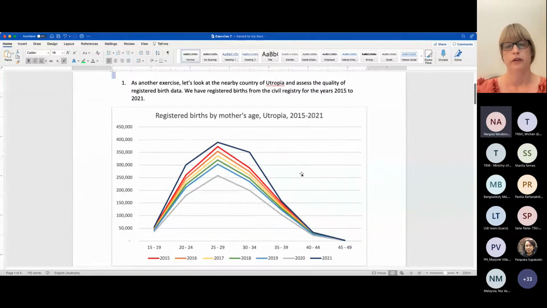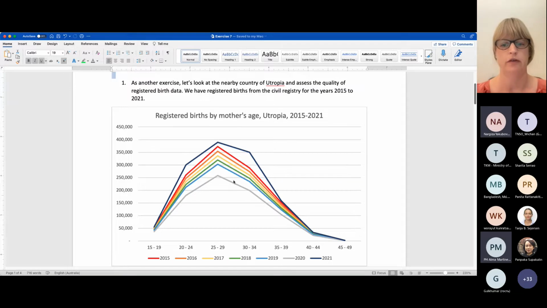So we're now going to look at another country. There's a nearby country of Utopia. So as another exercise, let's look at the nearby country of Utopia and assess the quality of registered birth data. We have registered births from the Civil Registry for the years 2015 to 2021.